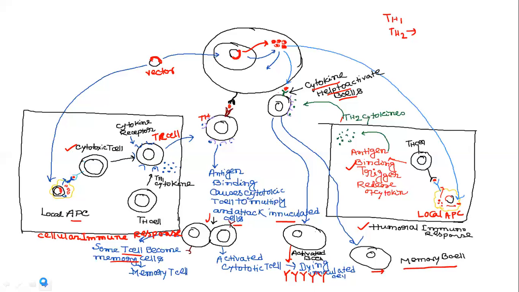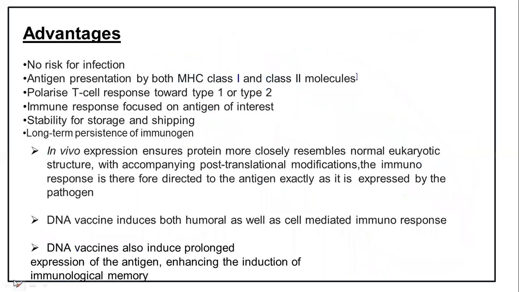So we'll see next the advantages and disadvantages of DNA vaccine. Now, first of all, there is no risk of infection. Here the chance of infection is less. Suppose in the case of a live attenuated vaccine, there is a chance of reinfection because the pathogen may turn into a new pathogenic form.